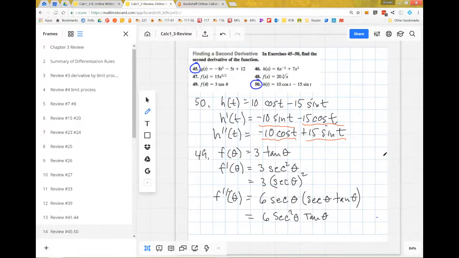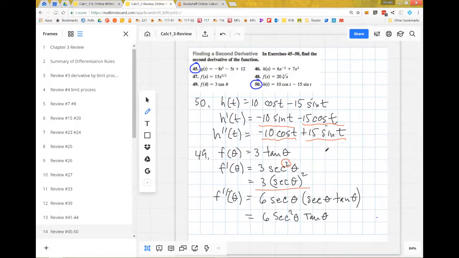Likewise, 49, we've got 49 here. F of theta equals 3 tangent theta. Well, the derivative of the tangent is the secant squared. I want you to be cautious here. Here's the problem with trigonometry. Often with trigonometry, it's this notation.